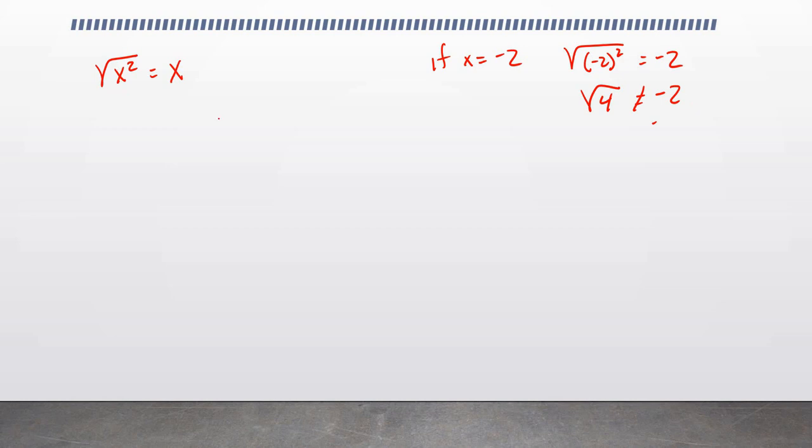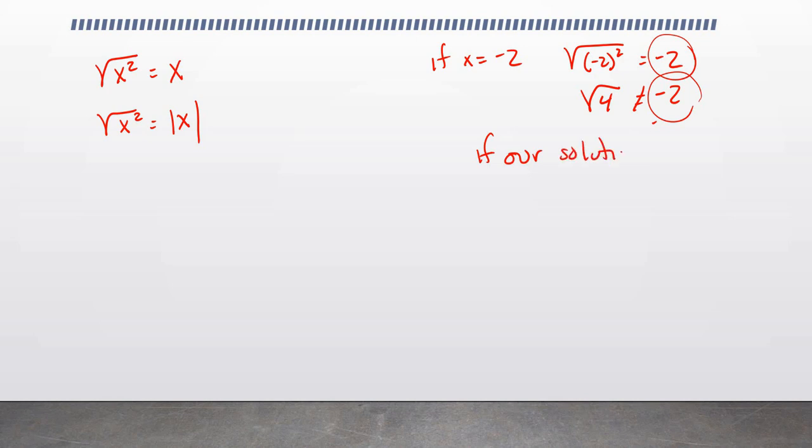So since with variables we don't know if they're positive or negative to start with, we need to take care of the fact that the square root of x squared does not always equal x. However, the square root of x squared will always equal the absolute value of x, even if x is negative.